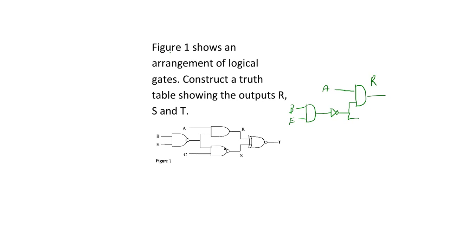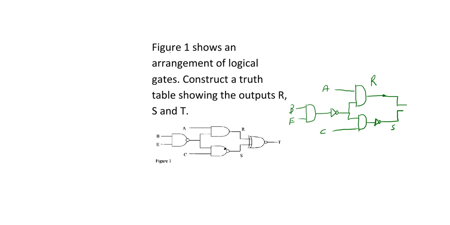Then we have input C. Input C is getting into an AND gate, so we can draw an AND gate followed by a NOT gate, and at the end this is where we have S. Then after that, these two are fed into an XNOR gate.